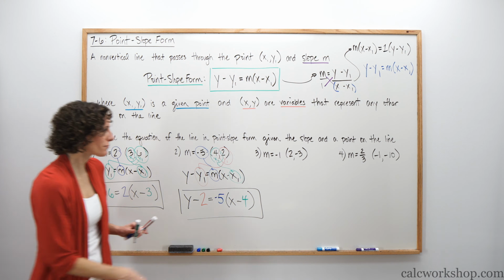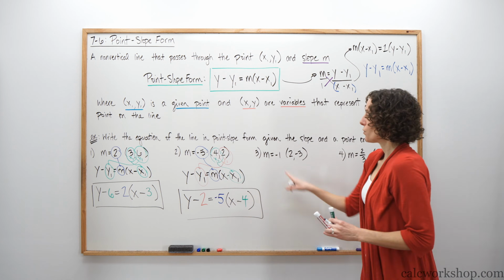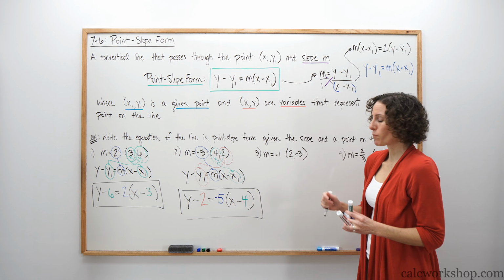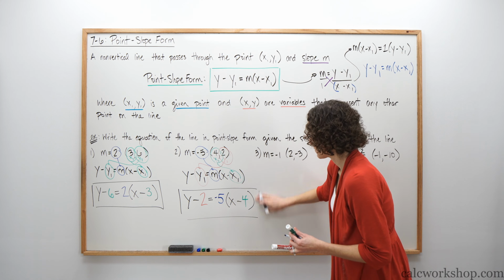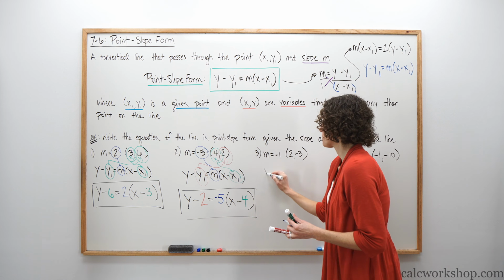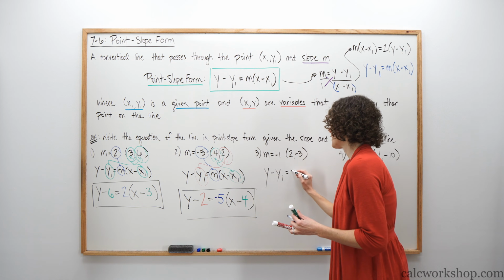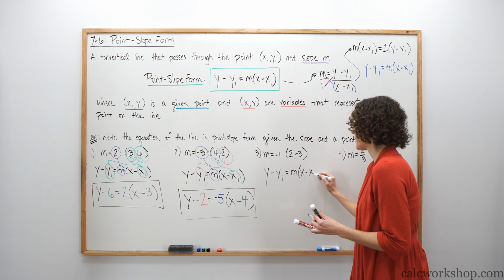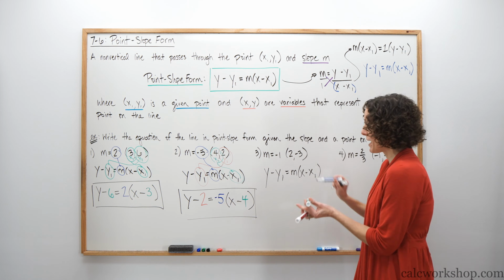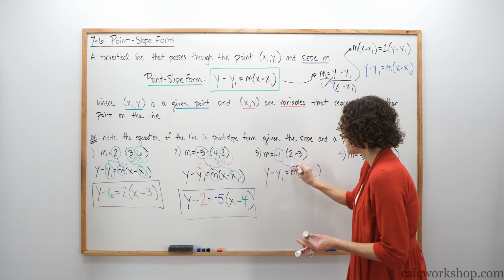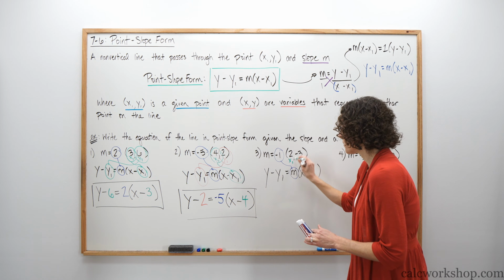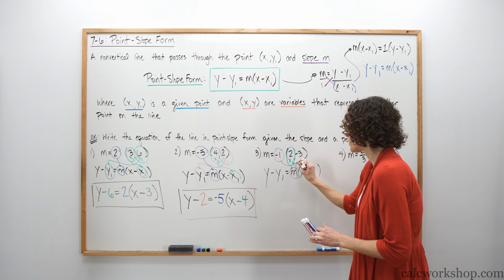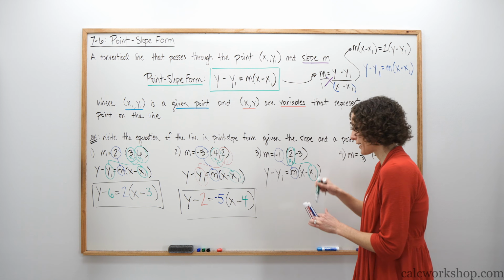Pretty easy. Now let's look at question number 3. We have m equals -1, and again we have the ordered pair (2, -3). So we have y minus y1 equals m times x minus x1. We have m, which is -1, and we make that substitution. We have x1, which is the value of 2, and we substitute for x1.